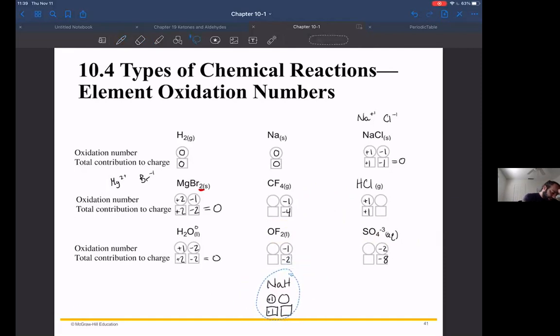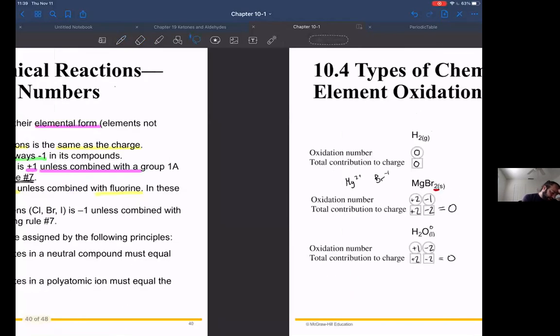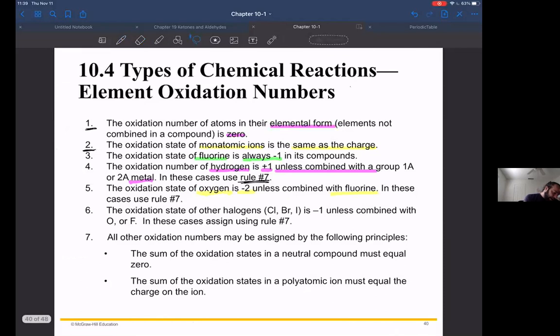Excellent. So let's keep going through these. The oxidation number of all the other halogens is, as you would expect, -1. But again, unless you're in a compound with oxygen or fluorine. What you see here in these rules is that rule 1 beats out all the other rules.